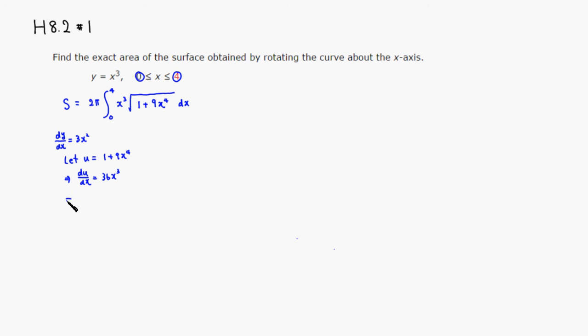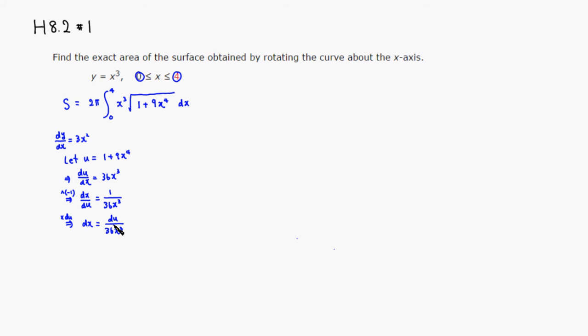And then we're going to put it upside down, so we have dx over du, which is equal to 1 over 36 x cubed. Then we can just multiply through by du to isolate dx. So dx is du over 36 x cubed.